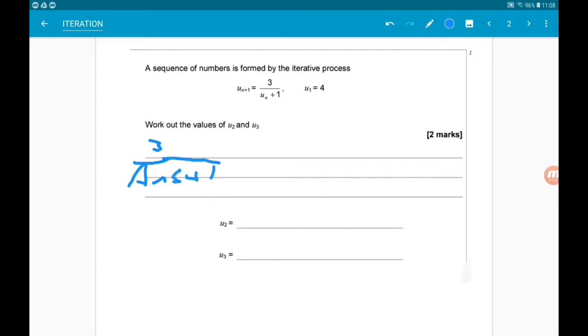And then if you press equals, you should get 3/5. So that's u2. Press equals again and you should get 15/8. Cool.